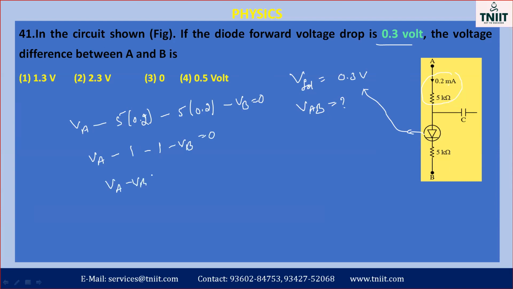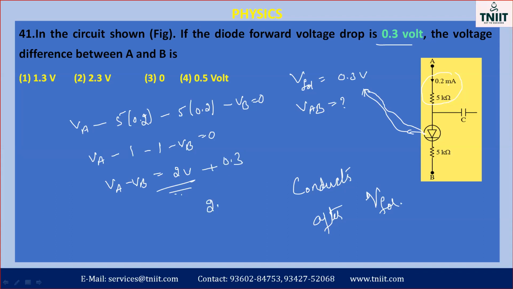VA minus VB equals 2 volt. But here we have to add the forward voltage because this is going to conduct. It starts conducting after the forward voltage. So plus forward voltage, that is 0.3. So totally how much are you going to get? 2.3 volt.